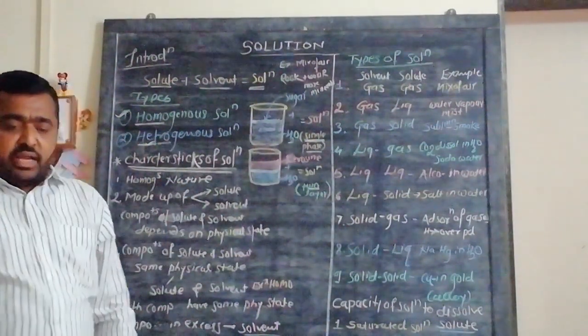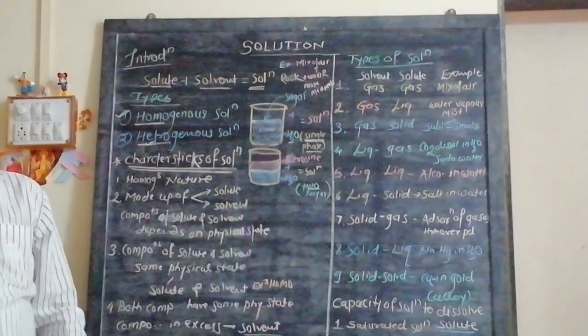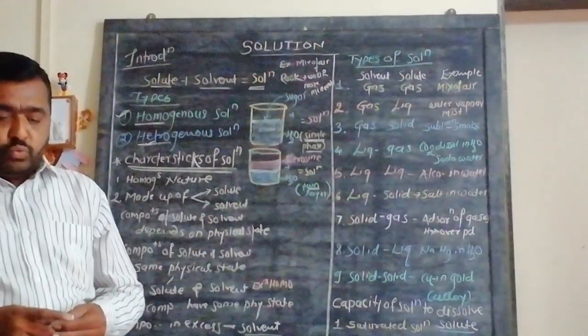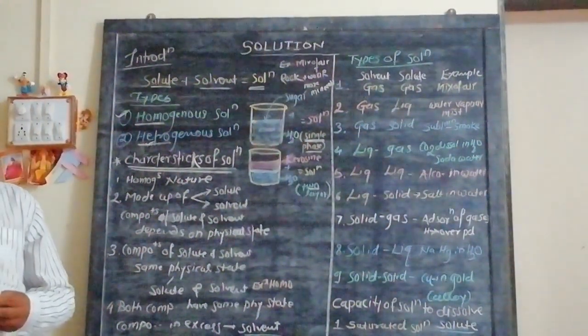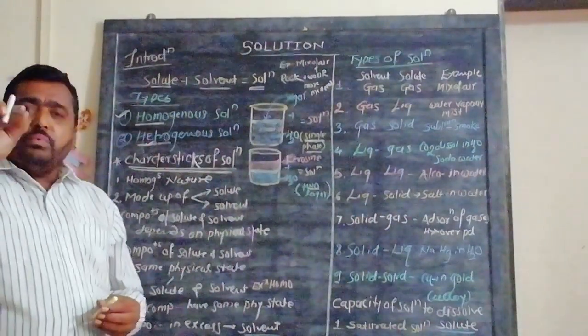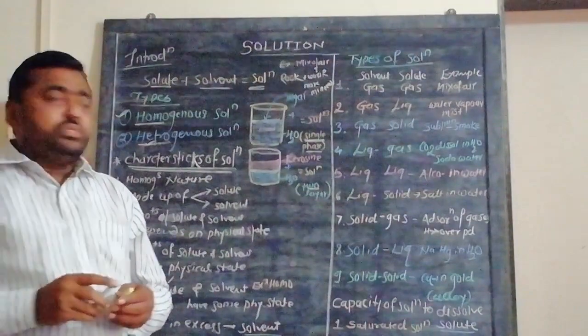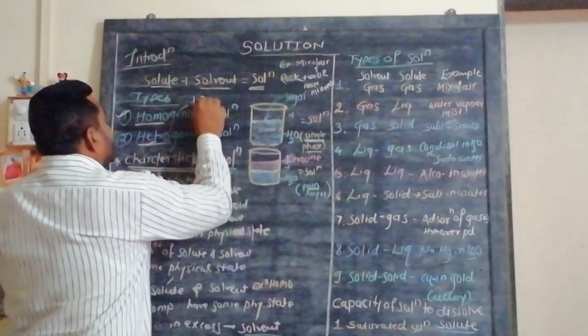In 11th standard, homogeneous mixtures are classified according to the size of their particles. A solution having a small particle size is a homogeneous solution, also called a true solution.